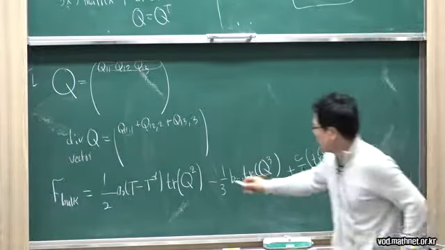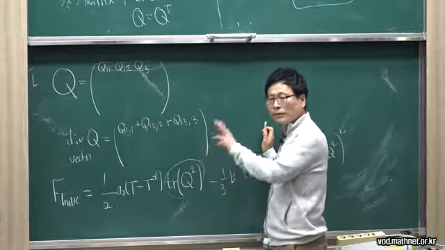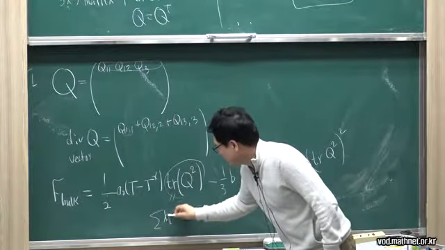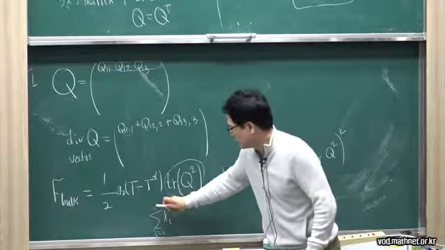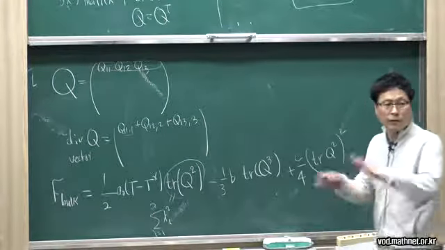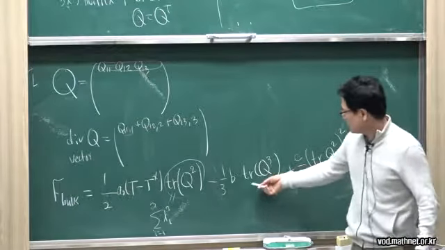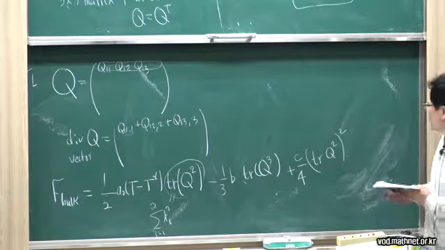This is nothing but, Q has 3 eigenvalues, so trace Q squared is the same as the summation of lambda_i squared, i from 1 to 3, the eigenvalues squared. And then this is somehow the same.